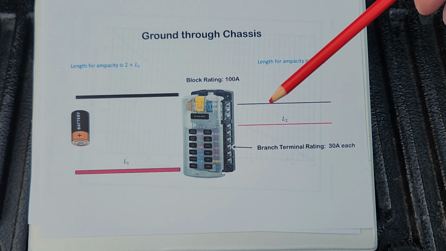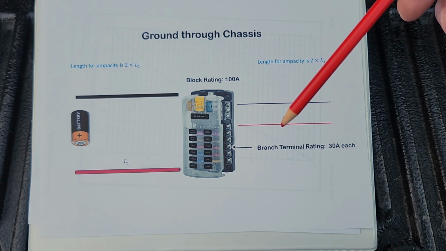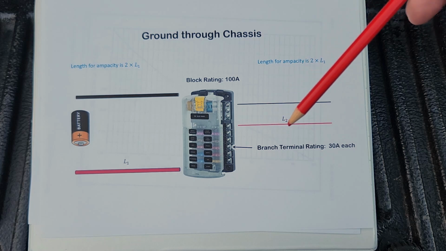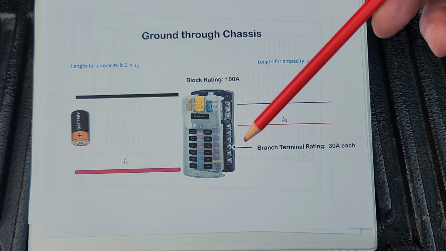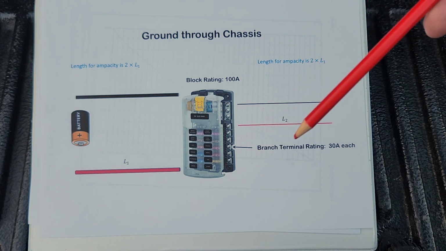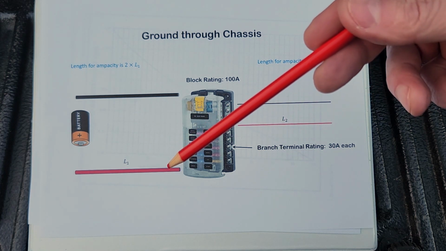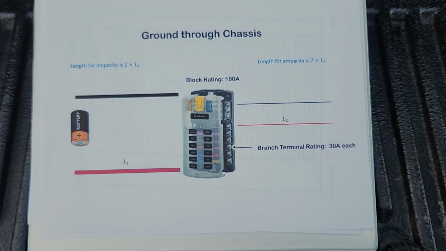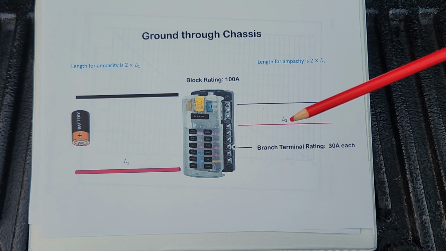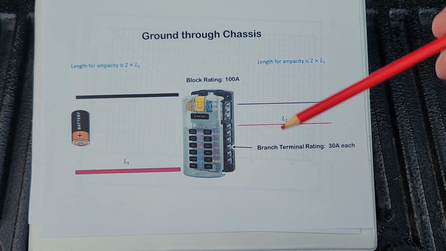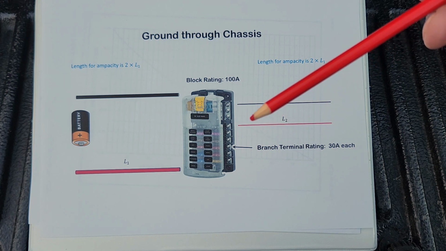But someone might ask, and I did myself, well, if you're pulling current here, and another branch circuit's pulling current here, that second branch circuit is dropping the voltage on that supply more than just this first load would be. So you have to consider all the loads, technically speaking, when you're doing this.